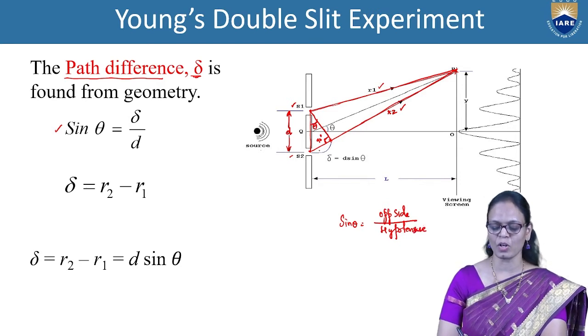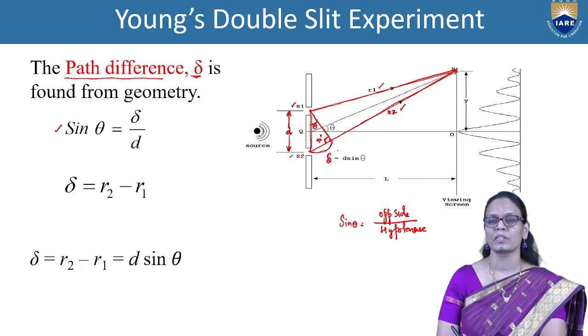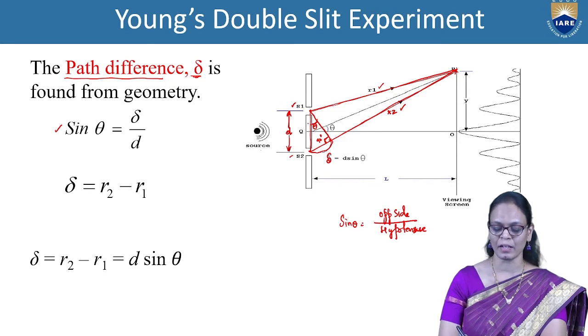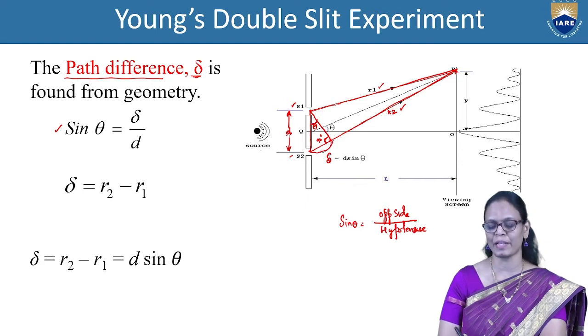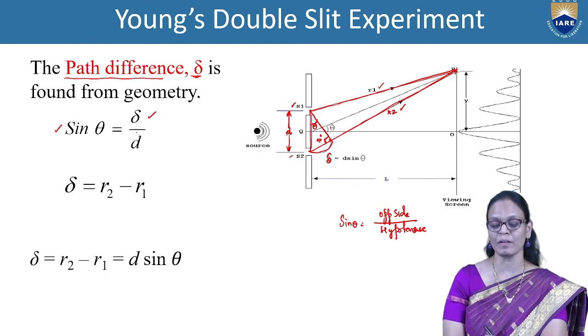So in this figure, the opposite side is this, which we are representing by delta, and the hypotenuse is represented by d. So sine theta is equal to opposite side upon hypotenuse, delta upon d.